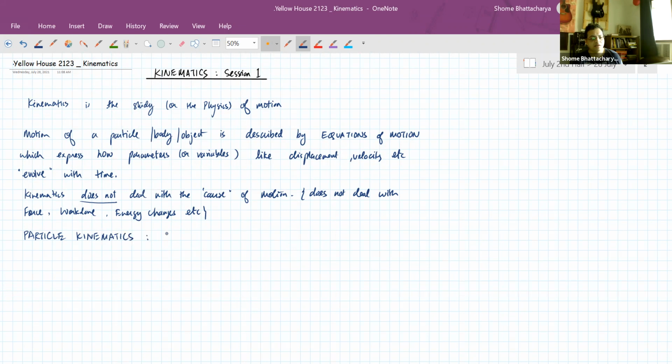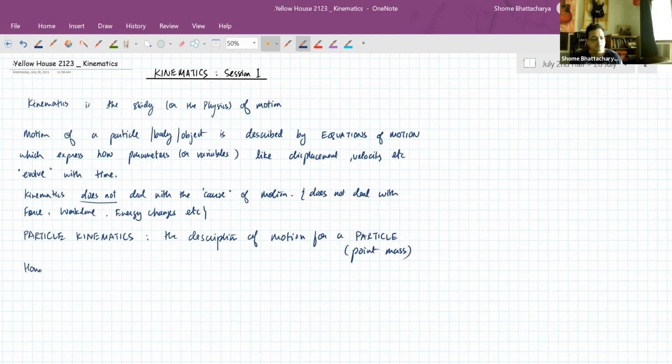Particle kinematics is the description of motion for a particle, and you know that a particle is basically defined as a point mass. So something that does not have any appreciable volume or surface area or anything like that, but has only mass, that is a particle.